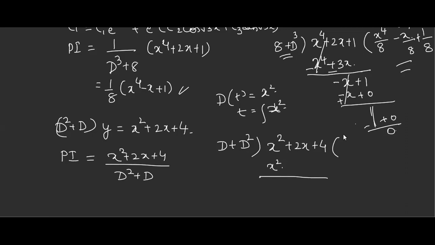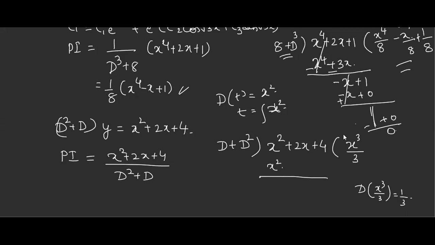See, I'm telling you one more way to get the term. If you send your D, it is 1 by D. 1 by D means it is the integration of x square. What is the integration of x square? X cube by 3. Take that as the quotient. Now check: what is the derivative of x cube by 3? Take 1 by 3 out.